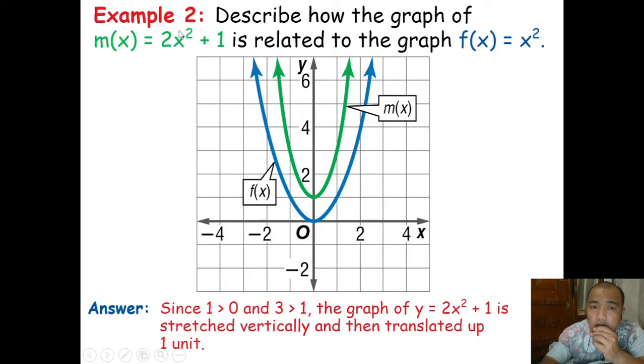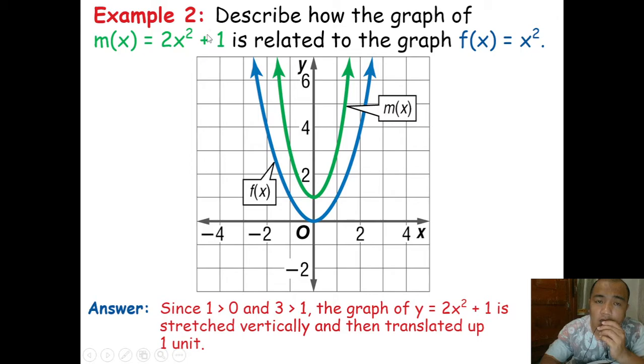Alright. Since the value of a here in the function m of x is greater, which is 2, compared to f of x equals x squared, then narrower na naman itong green. Narrower, mas wider yung blue, f of x.